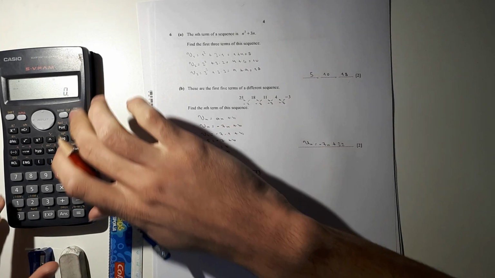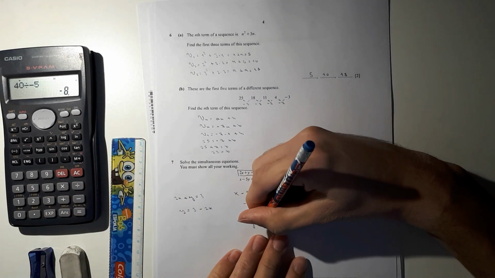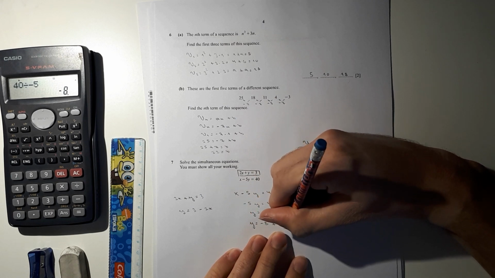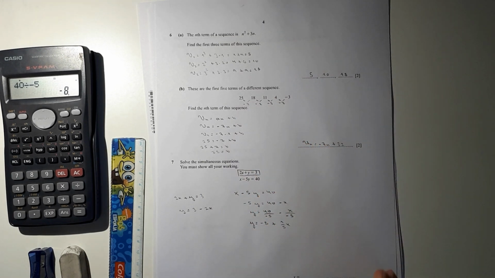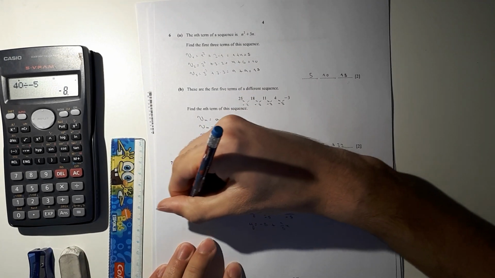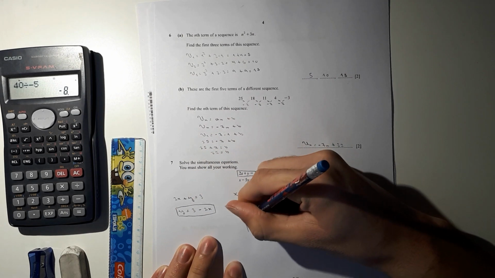So 40 divided by minus 5 is equal to minus 8 plus 1/5 x. And now we're going to equate both formulas to find the value of x. So we have this formula and this one.